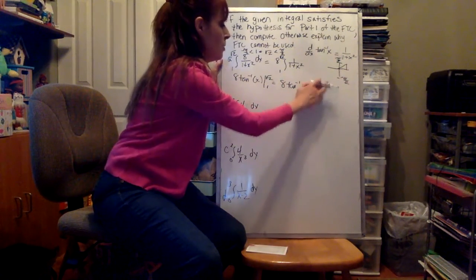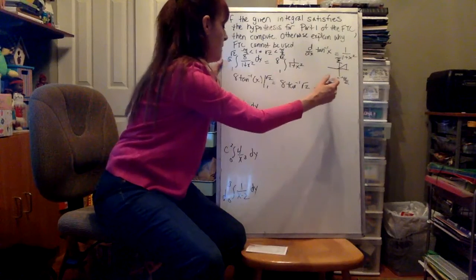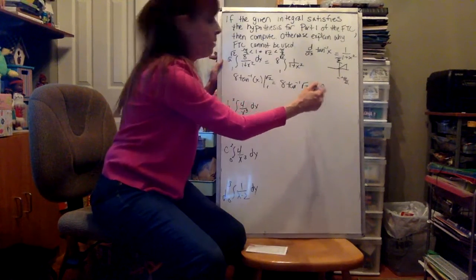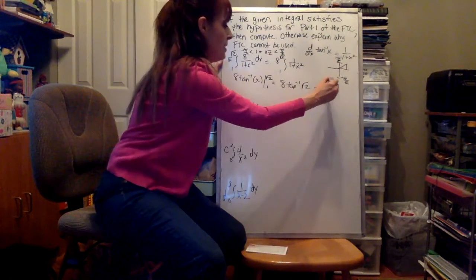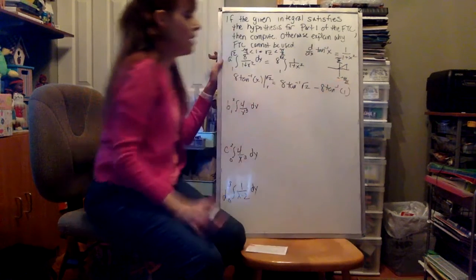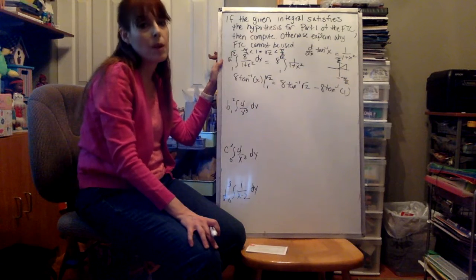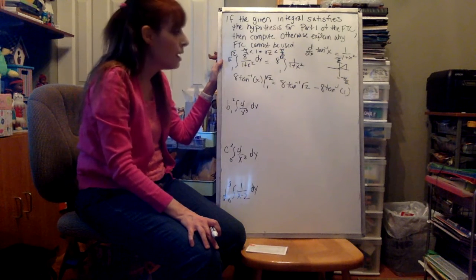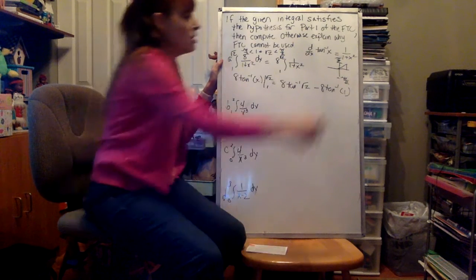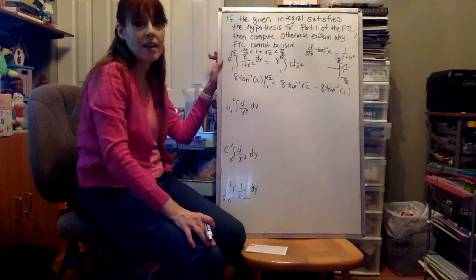You know what? Let's distribute the 8 at the end. Or you know what? We'll distribute it now, because we can simplify a little bit, but not a whole lot. 8 times arctan of 1. The one that we can figure out easily is arctan of 1. In other words, where is tangent 1? Well, tangent is 1 when the opposite and the adjacent side are both the same.